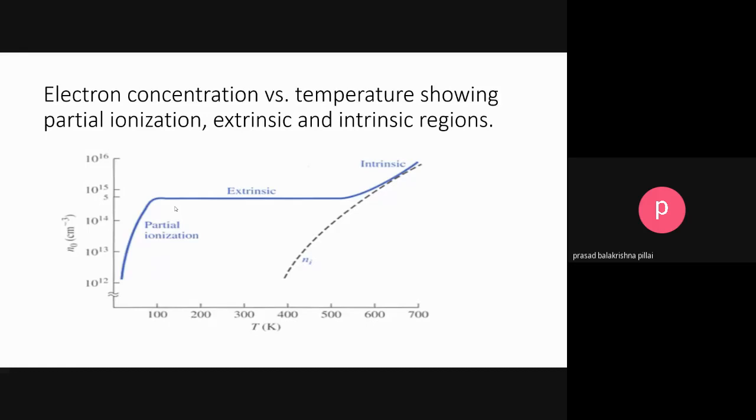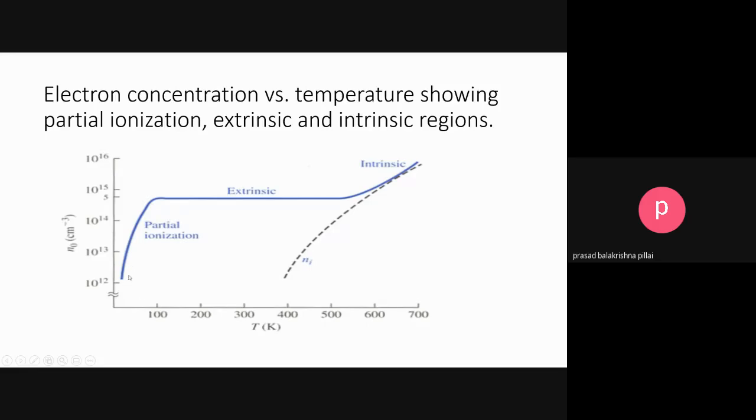If you look towards the left side, it is of the order of 0 Kelvin or very low temperature. The impurities are not ionized fully. So at very low temperature you have the impurity freeze out, which we talked of.